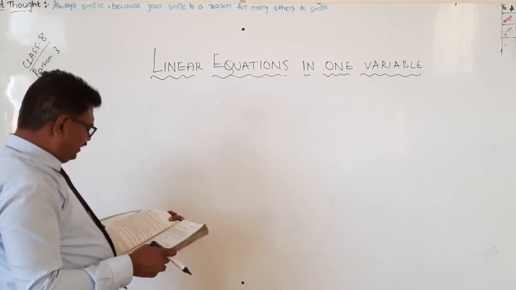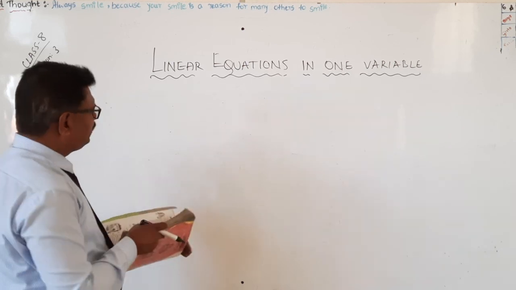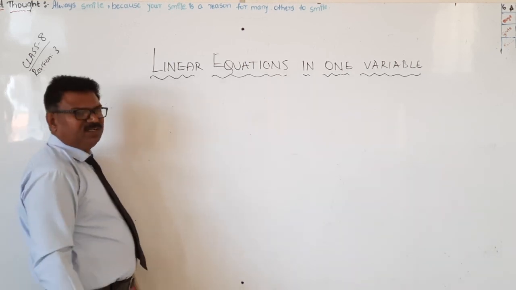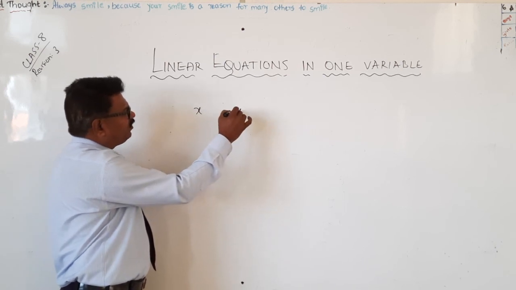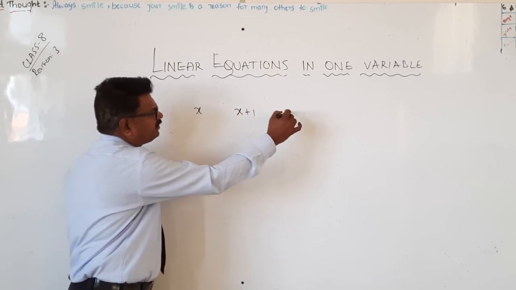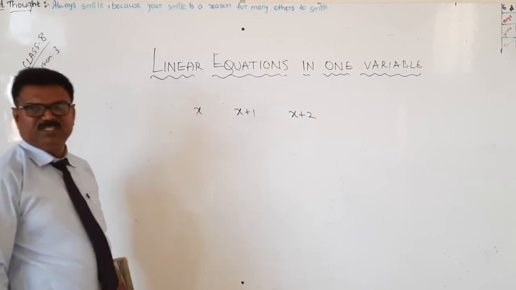The consecutive integers are such that when they are taken in increasing order, there are three consecutive numbers: one is x, one is x plus 1 and one more is x plus 2.